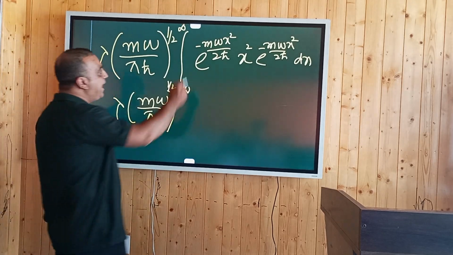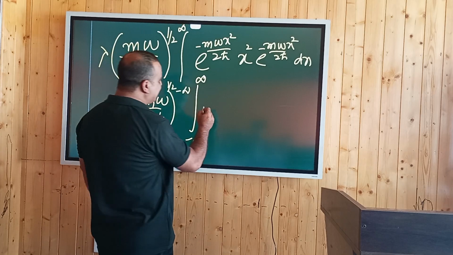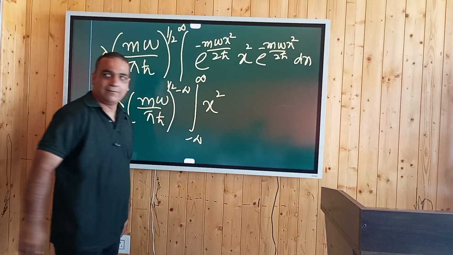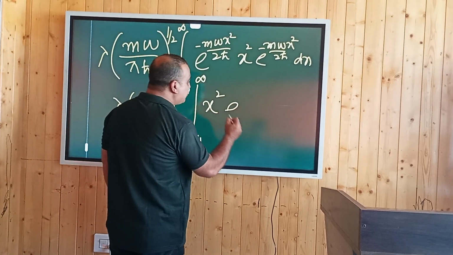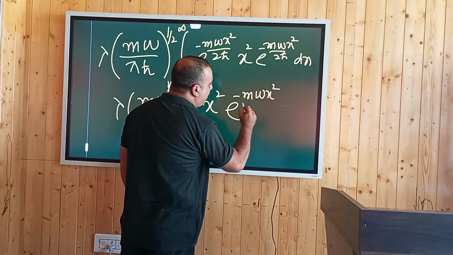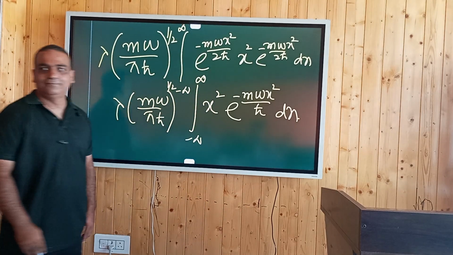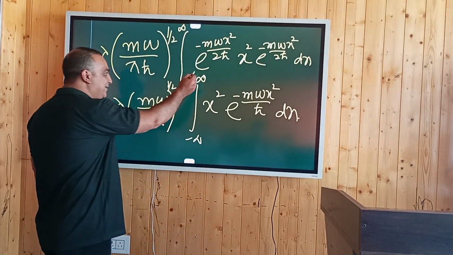Then here you will have the integral from minus infinity to infinity of x square e to the power of minus m omega x square by h cross dx. Now what is this?